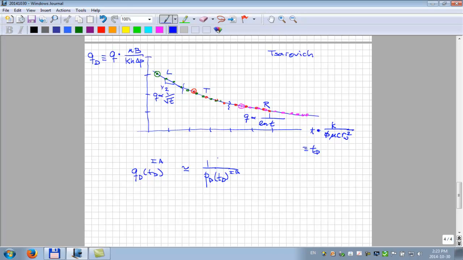Okay? Almost line thickness. Not exactly, but almost. Some different terms in the infinite series, but you learned that, right? Also? Okay. How about you in the back from Brazil, young lady? Did you learn that in Brazil, that the dimensionless rate in infinite acting is approximately equal to the inverse of the dimensionless pressure? Anyway, it is for practical purposes.